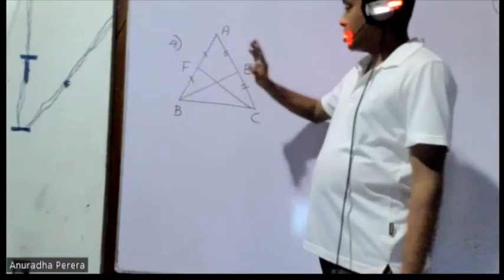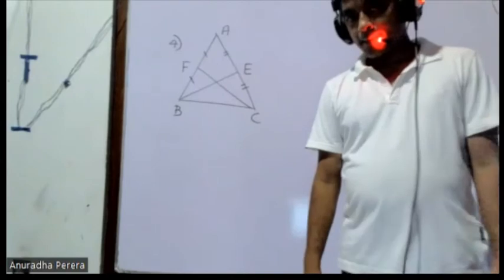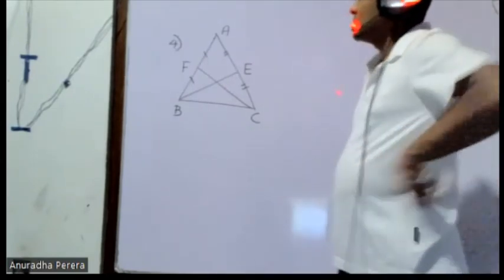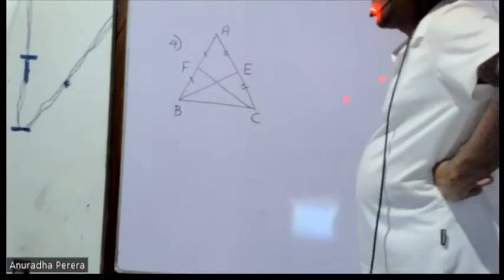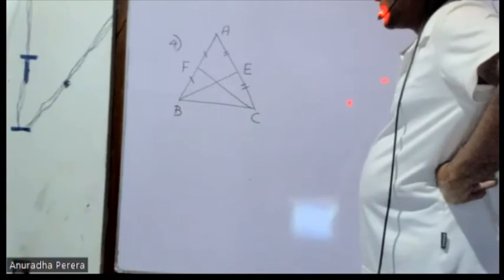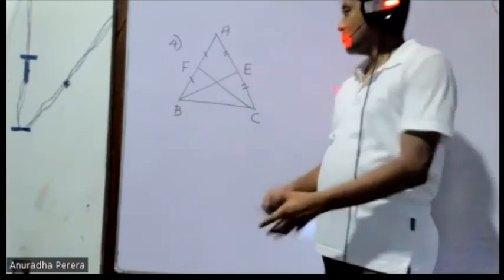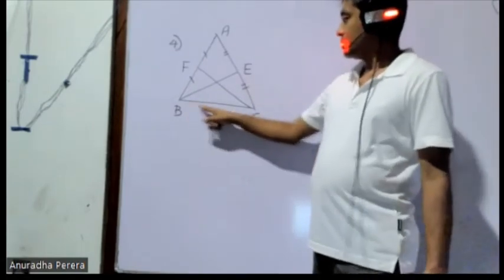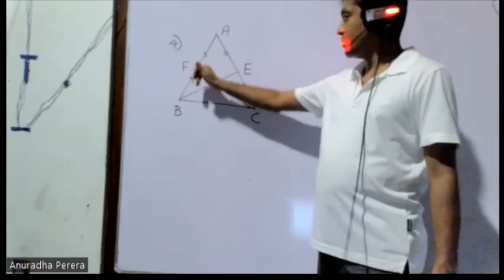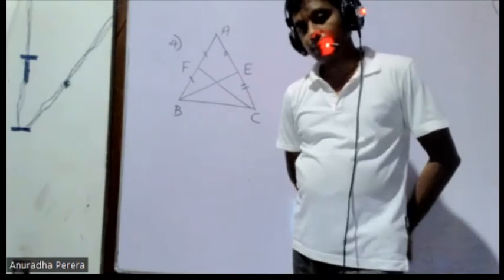When proving these two as congruent triangles, what is the congruent case? Side. Yes, you can use side. This is an equilateral triangle, so these two are equal. And midpoint, these two also equal. This is a common side. By using side, we can prove it.